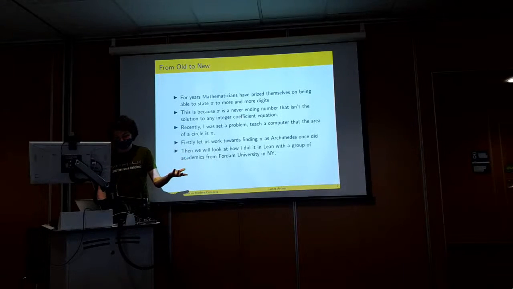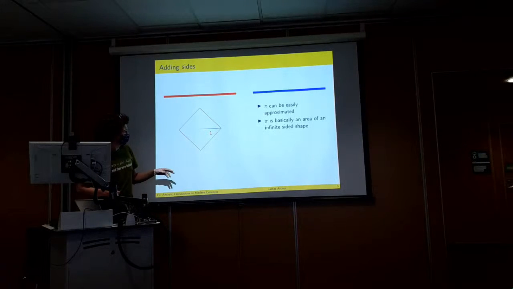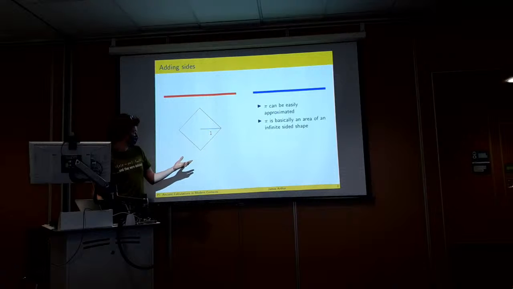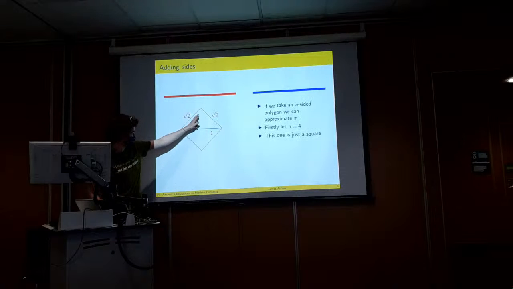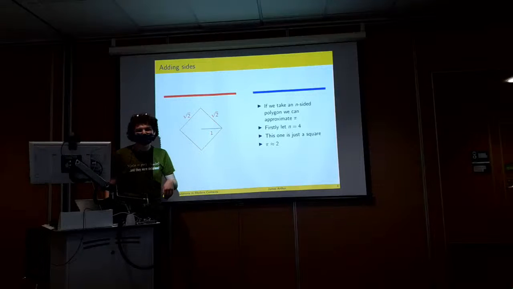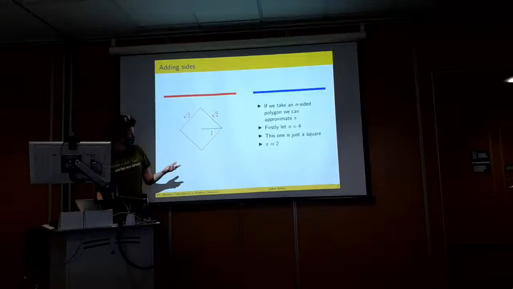So we can look at a square, give it radius 1, and we can approximate pi pretty easily. We get root 2 for the sides, and so we have pi is 2. A brilliant approximation, won't you agree? And we can then take it to a pentagon.